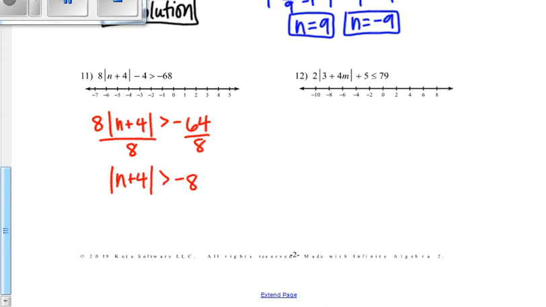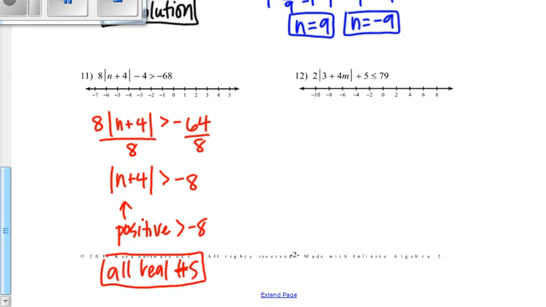And again, just think about these absolute value problems. So this is positive because it's inside absolute value bars. Every positive number is going to be greater than -8. This is always going to be true. So this answer is all real numbers. And on the number line, make sure you shade in everything because everything works.